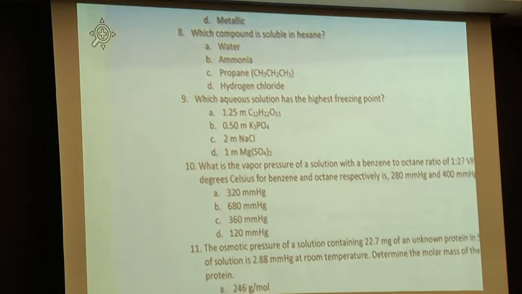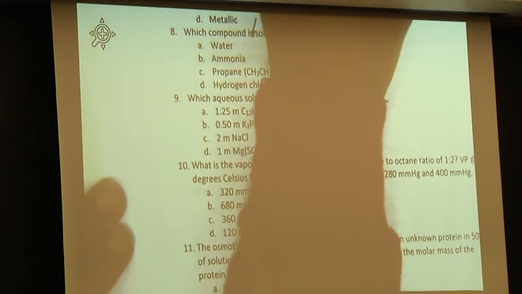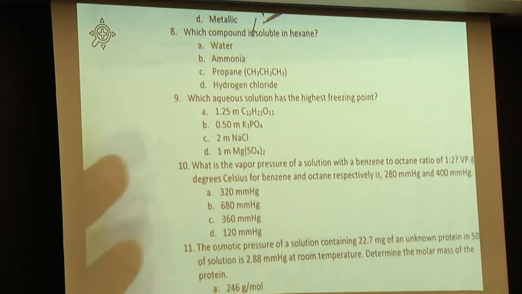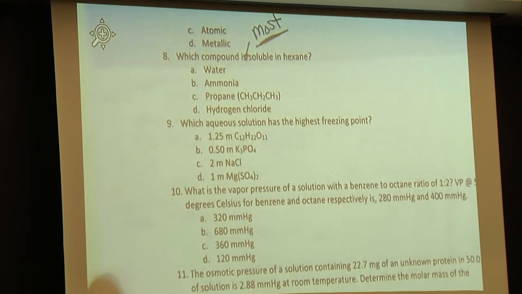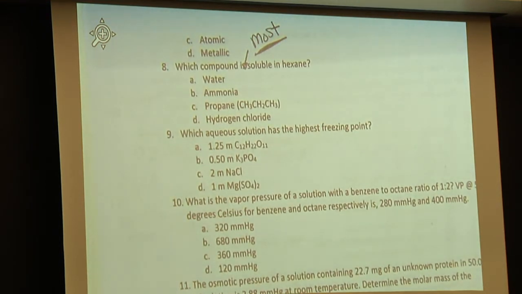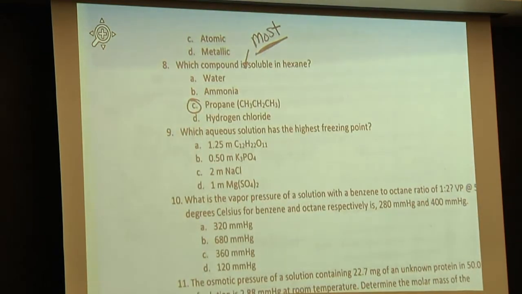All right, number 8. Which compound is soluble in hexane? Or which compound is the most soluble? I heard C. C is correct. So hexane, what kind of intermolecular forces is hexane?